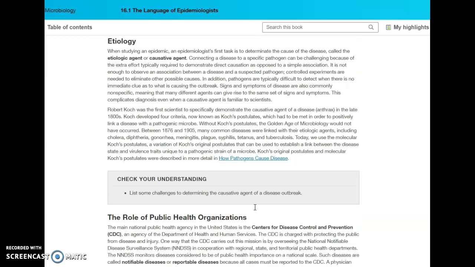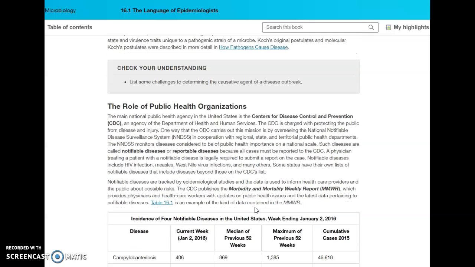When studying an epidemic, the first thing is to figure out the etiological agent or the causative agent. So you've got to figure out what is the pathogen that is causing these diseases. And of course, if we're talking about the United States, the CDC is the main public health agency.